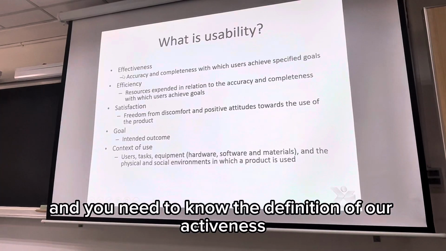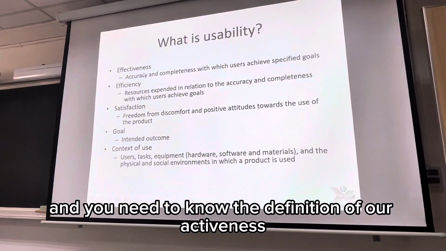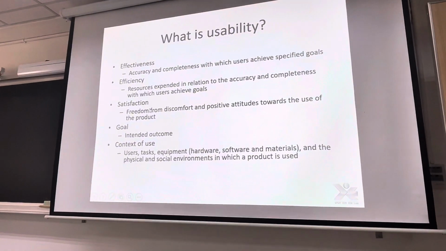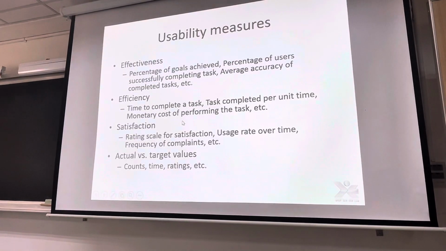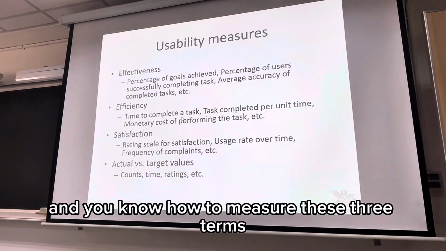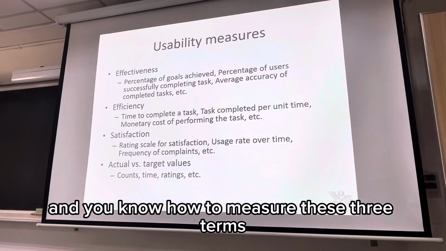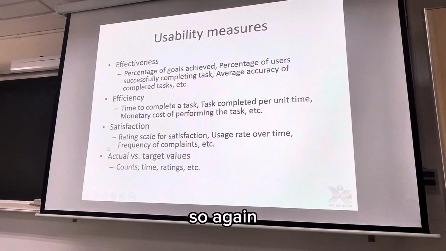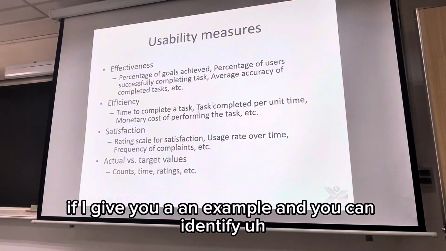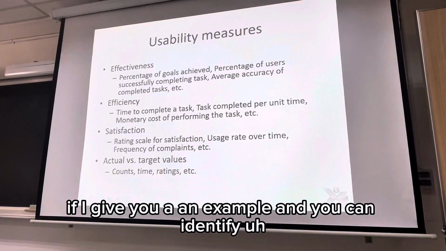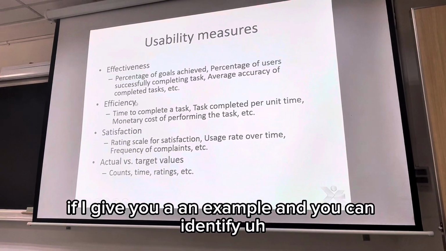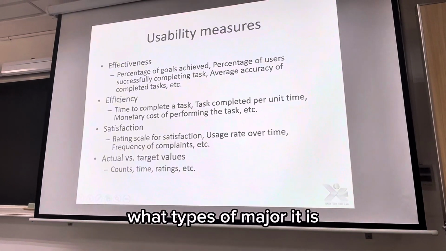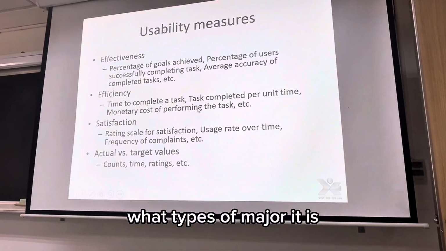And you need to know the definitions of effectiveness, efficiency, and satisfaction. And you know how to measure these 3 terms. So again, if I give you an example, you can identify what type of measure it is.